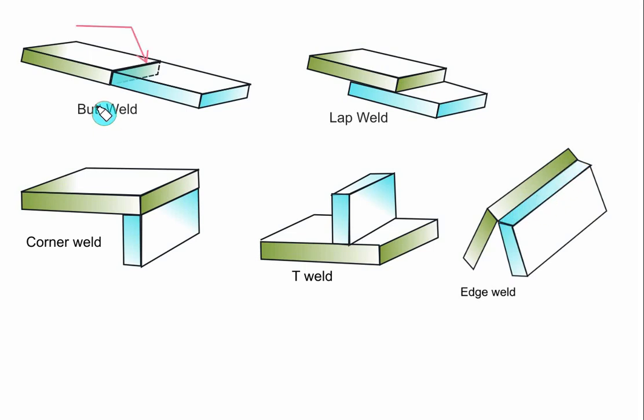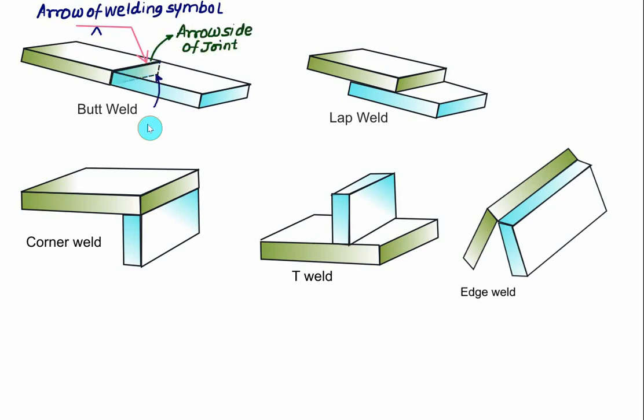So whatever the welding you are doing here, you have to represent it by an arrow with welding symbols. And since we are doing butt welding here, you have to show the symbol for butt welding. If you show this symbol in a butt welding like a V shape, then this side, that is the top side, represents the arrow side of the joint, and this bottom side represents the other side of the joint.